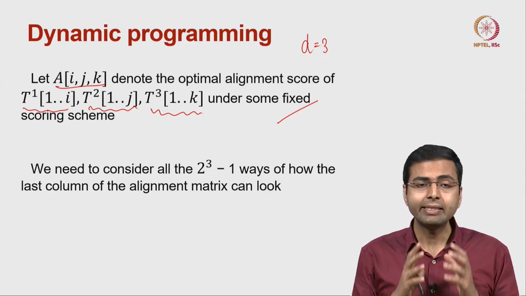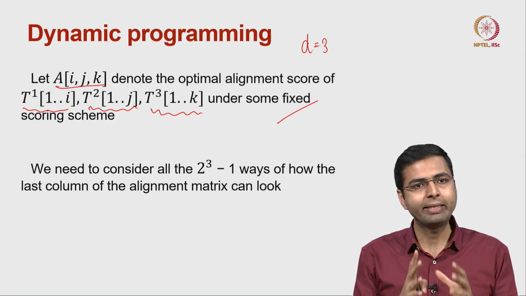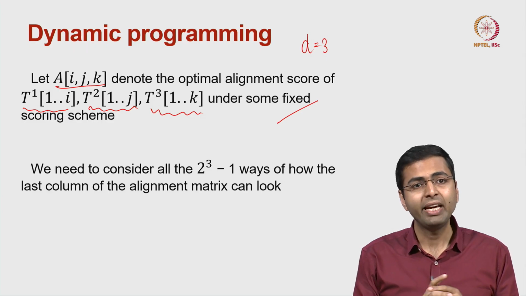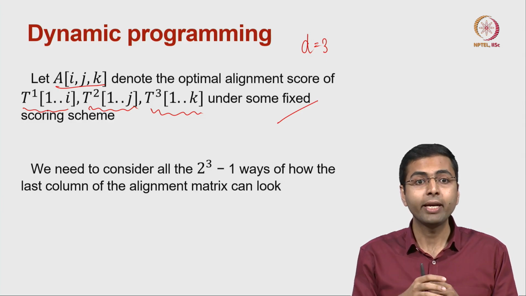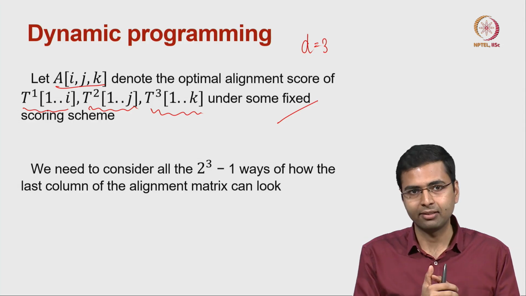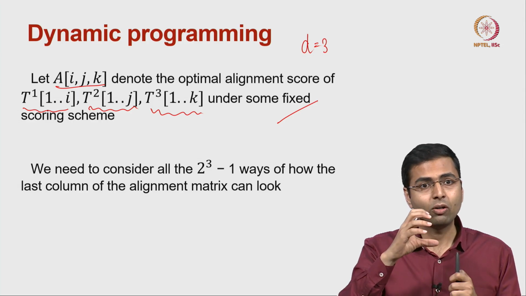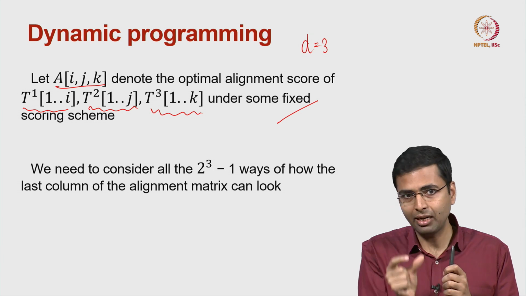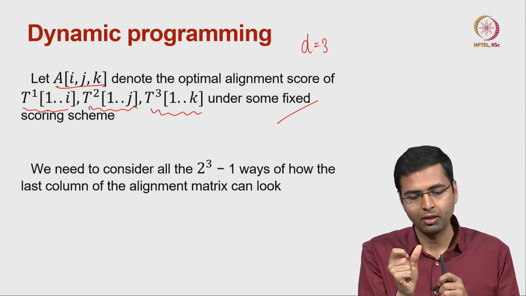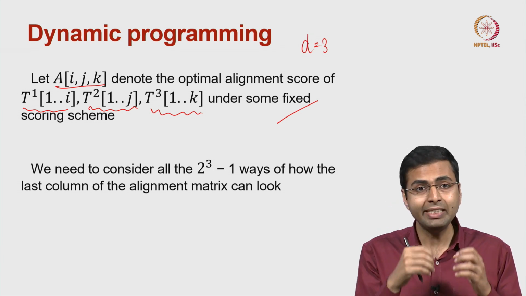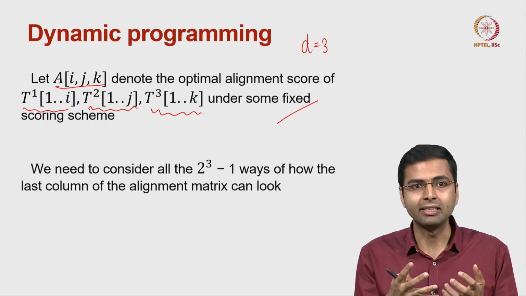Now, extending the same idea that we used in pairwise sequence alignment, the way we will develop the recursion is by looking at the last column of the matrix. Remember that there are only finitely many ways in which the last column of the matrix can look. In the case of 3 sequences, what are the different possibilities?